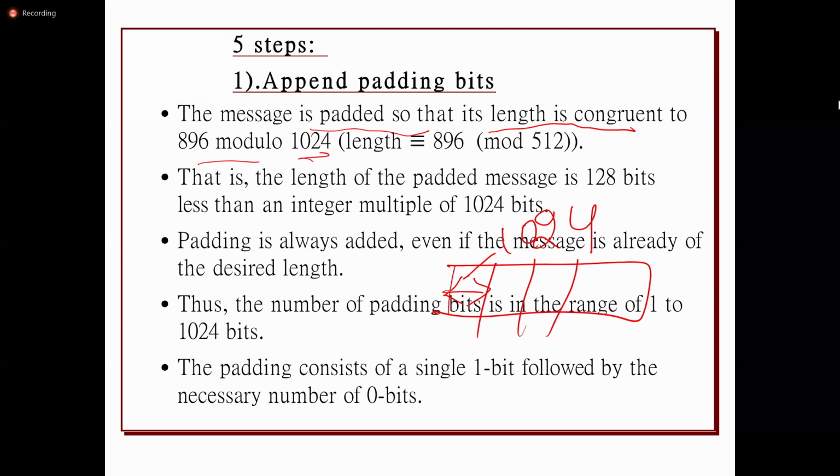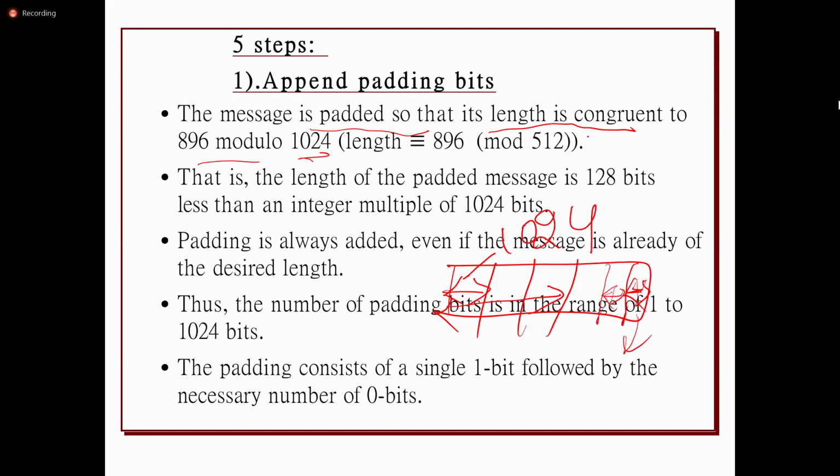So the entire message will be stored, and if there are n number of blocks and the last block is not getting 1024 bits, what it is going to do is, before dividing into blocks, first it will add the length of the message in the last block, and then it is going to pad some bits.